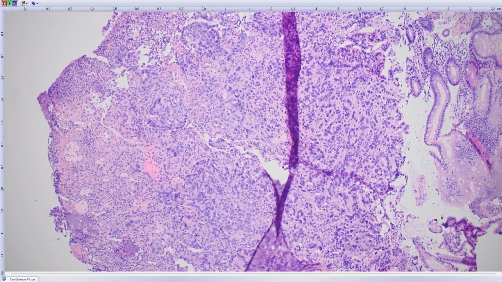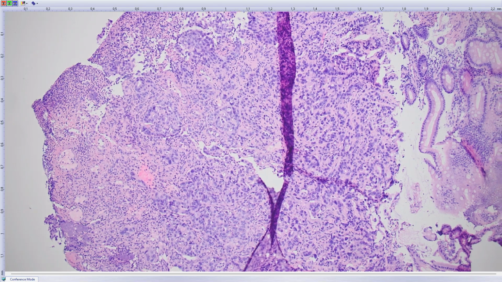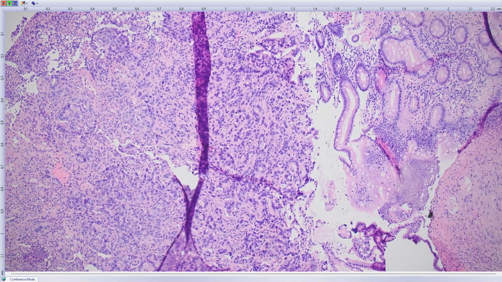So in this case, the first impression was that this is a colonic primary carcinoma metastasizing to the liver. But the problem was that if I had only the colonic biopsy, I maybe wouldn't do many immunostains.